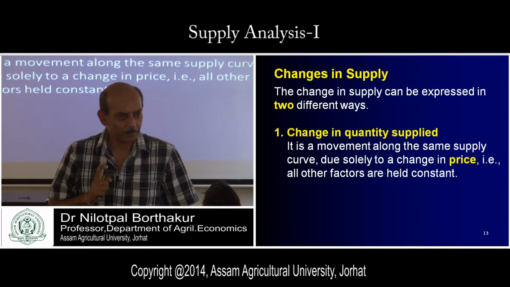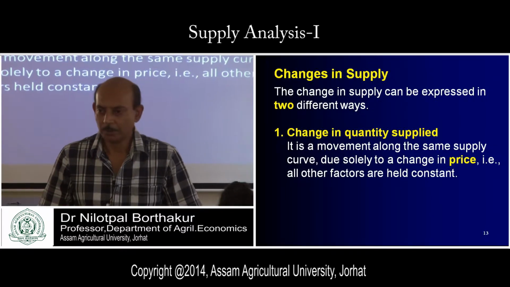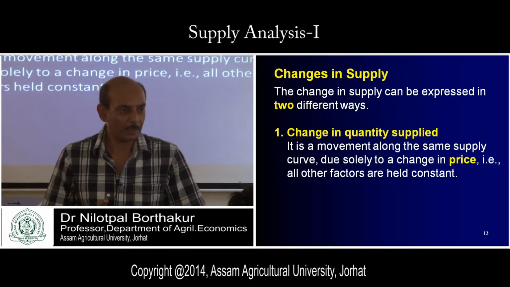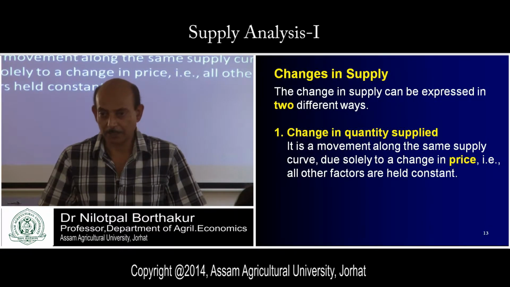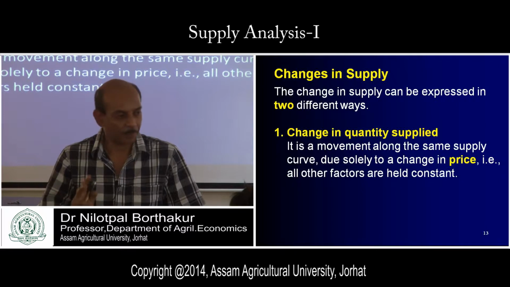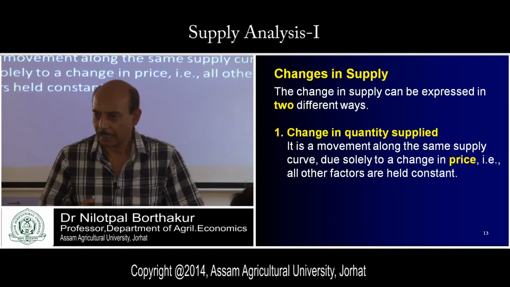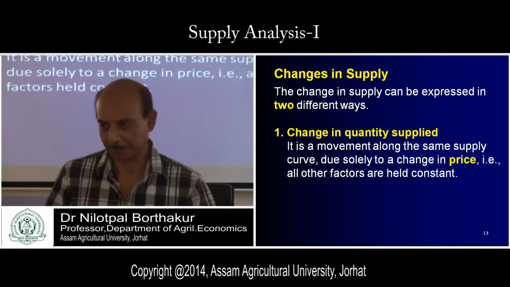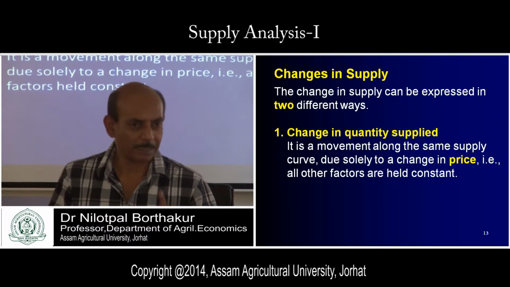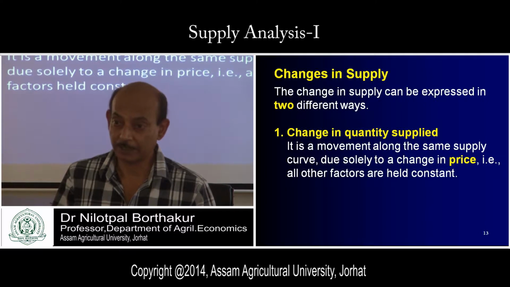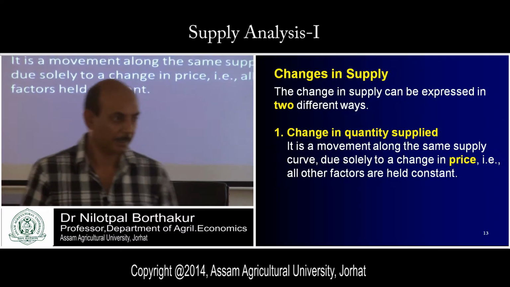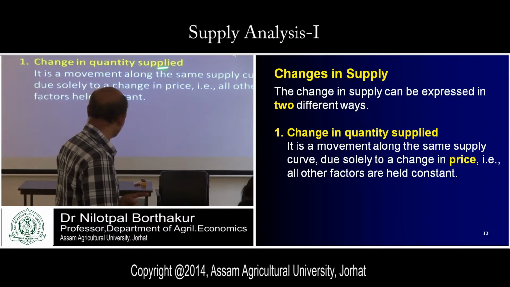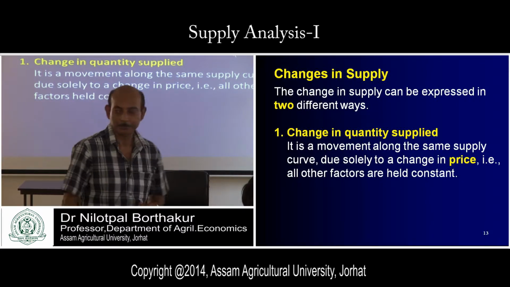Now in case of supply also, we group all the factors that affect quantity supplied into two groups. In the first group, only the price, and in the second group, all other factors except the price. Now when price affects the quantity supplied, that is called change in the quantity supplied.